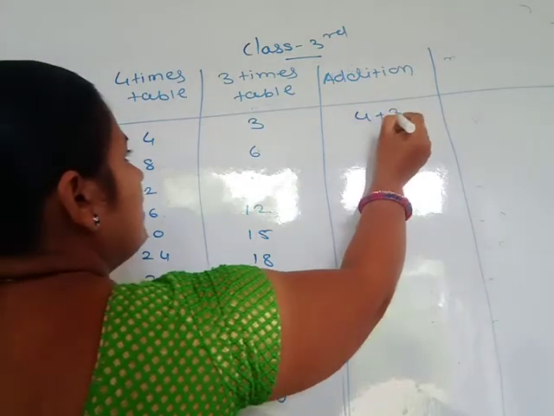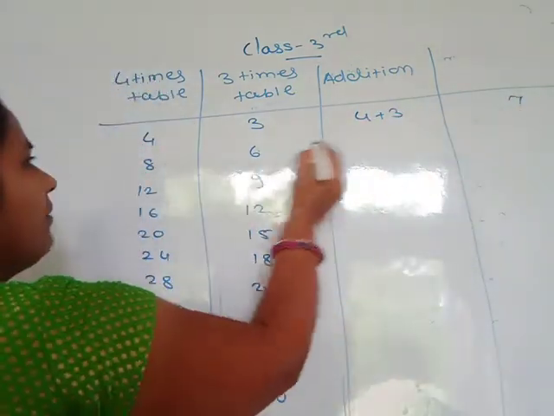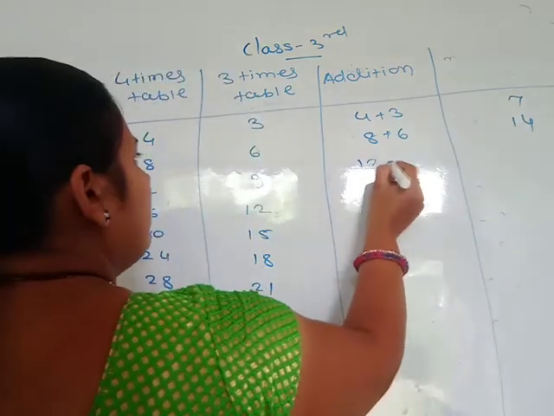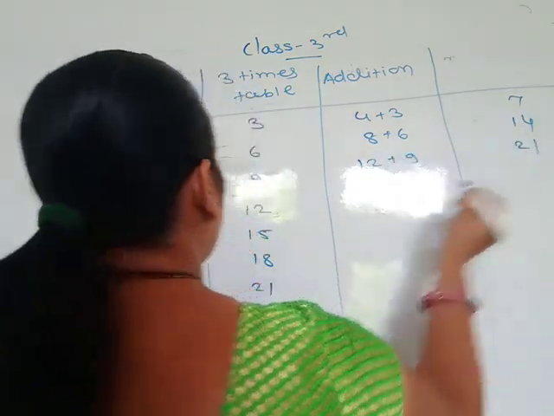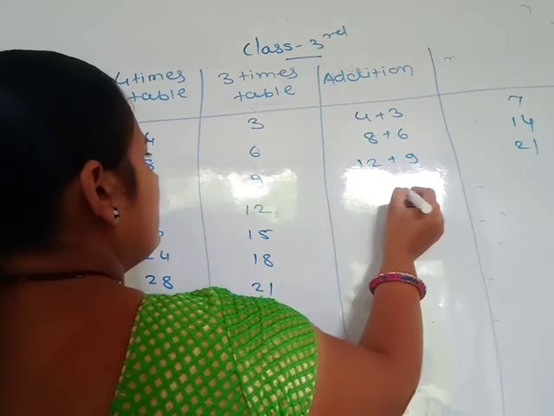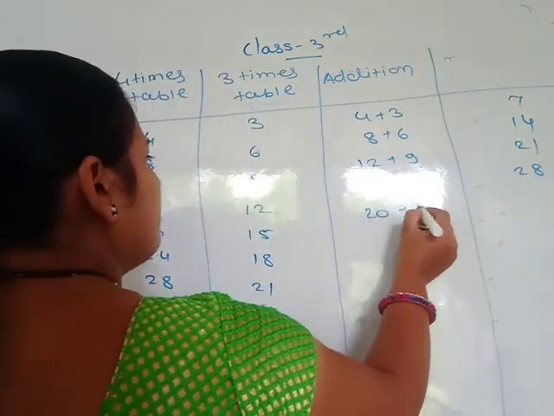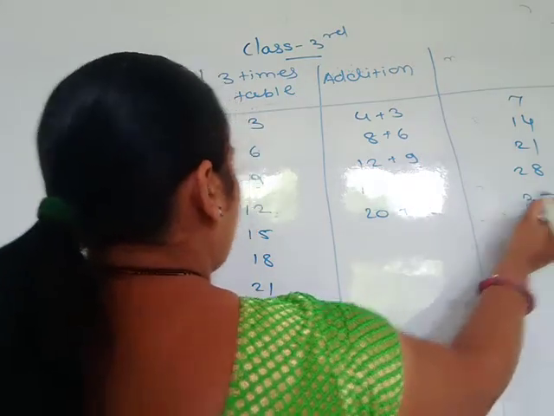4 plus 3, 7. 8 plus 6, 14. 12 plus 9, 21. 16 plus 12, 28. 20 plus 15, 35.